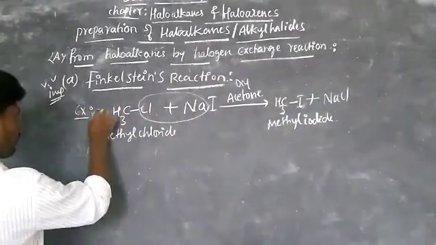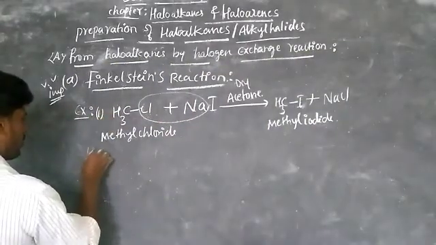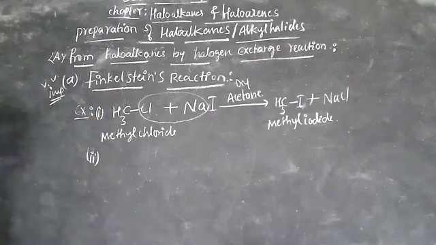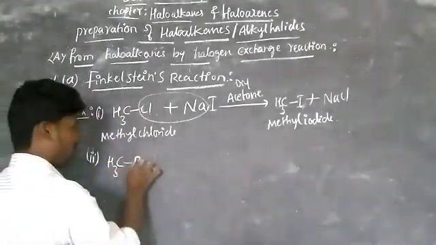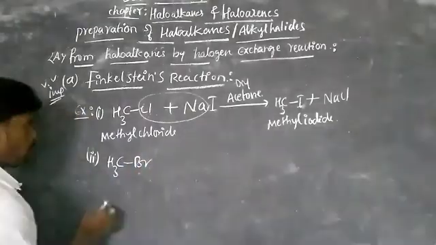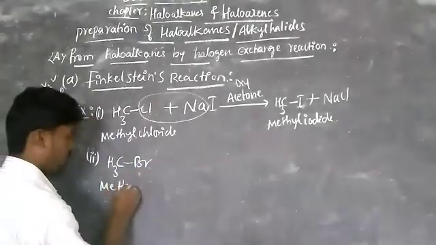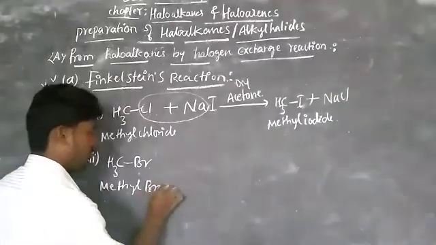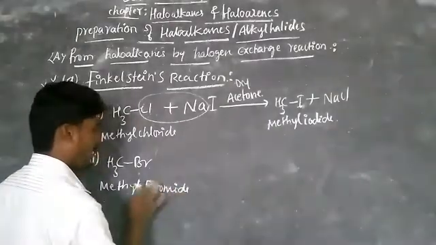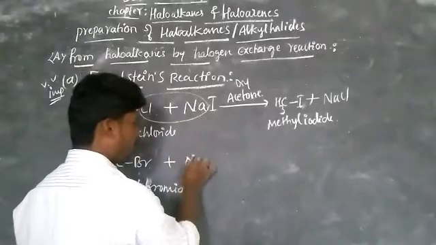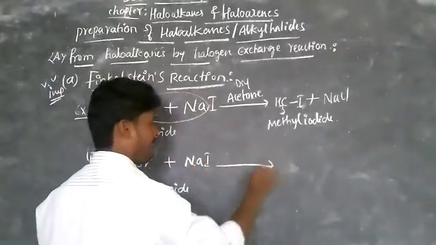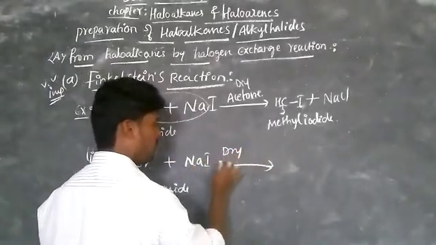Similarly, take one more example. This is the first example, and this is the second example. Take methyl bromide; either take chloride or bromide. This methyl bromide is treated with sodium iodide in the presence of dry acetone.